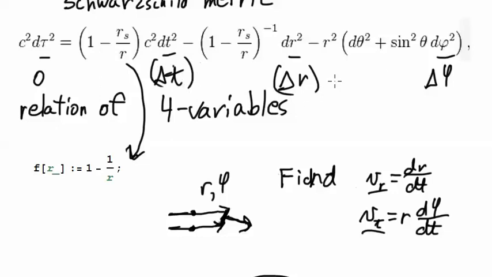Depending on how small my delta t's, delta r's, and delta phi's are, if they are not small enough, then we may end up with small inaccuracies in the diagram itself.